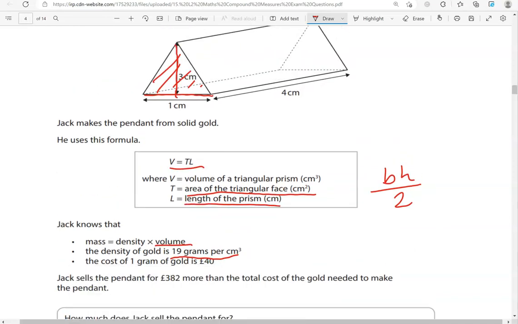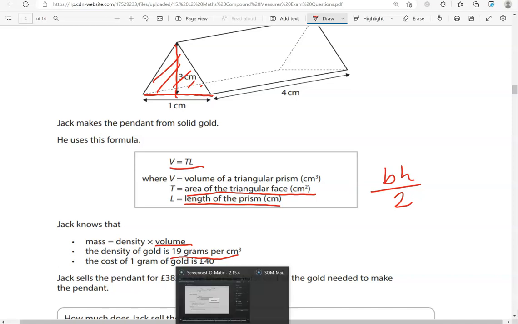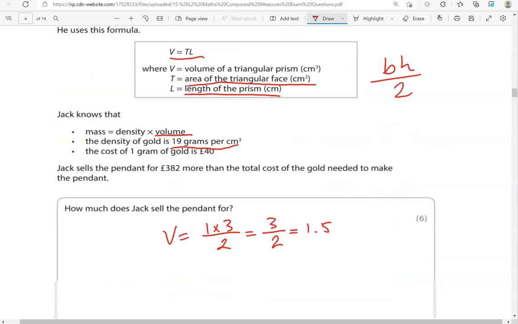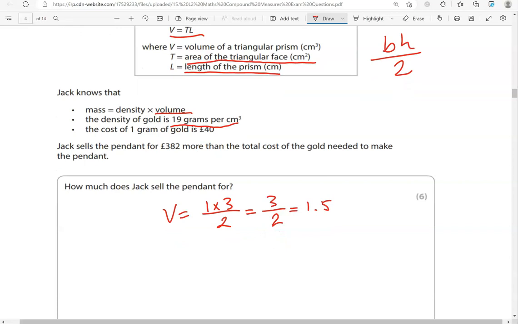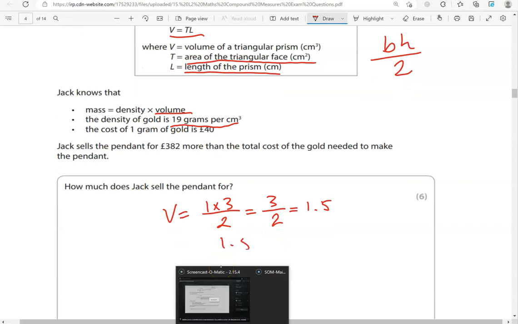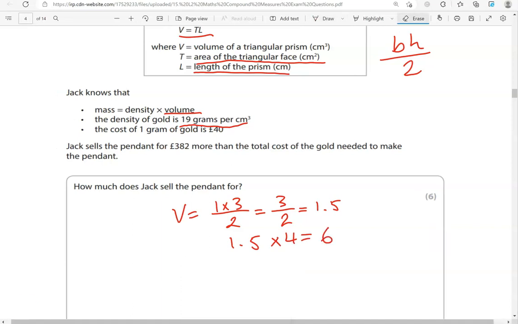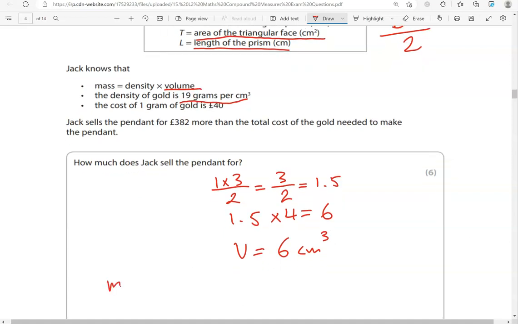And we're going to multiply it by the length, which is 4 centimeters. So 1.5 times 4 is equal to 6. So V is equal to 6 cubic centimeters.